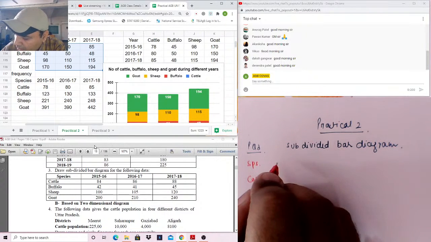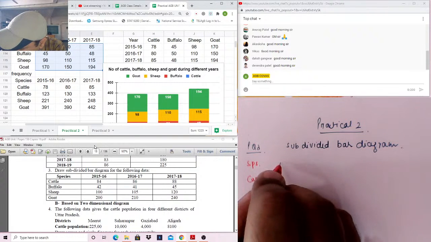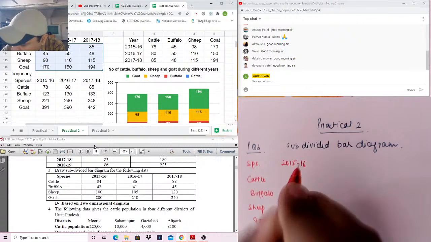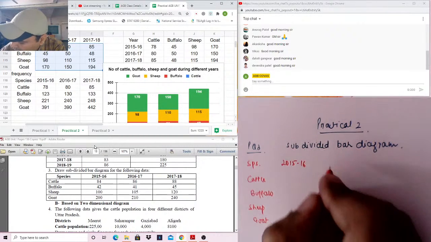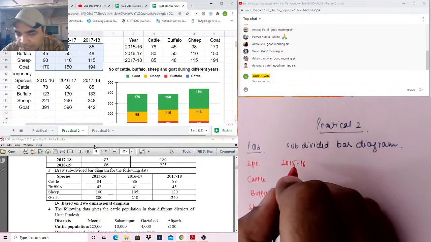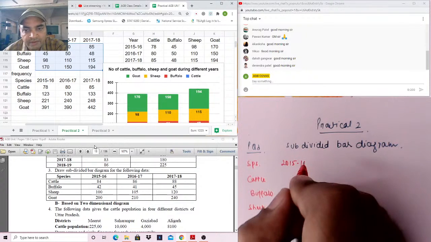Okay. Then we will have this for the years 2015-16 and 2016-17. But I will be making a bar diagram of only 1 year. So the rest of the years you can very well make.